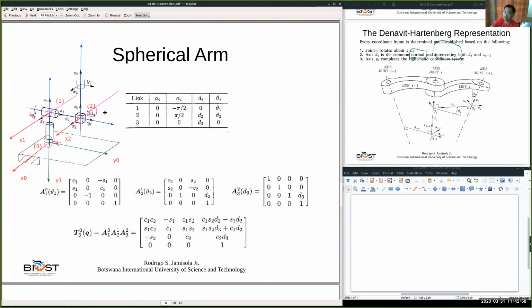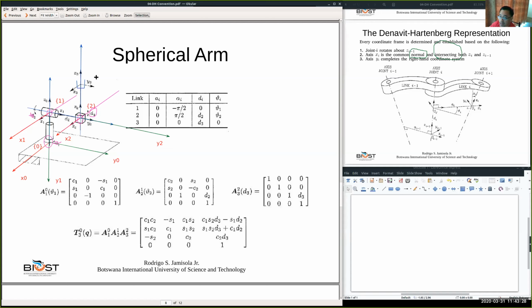Because Z2 is here, that means our Y2 is in that direction. Why do they have the Y2 here, but it didn't show the Y1? Okay, anyway. That's the Y2, and this passes through that origin, so Y2 is there. So we write Y2. Okay, now we have completed frame 2.